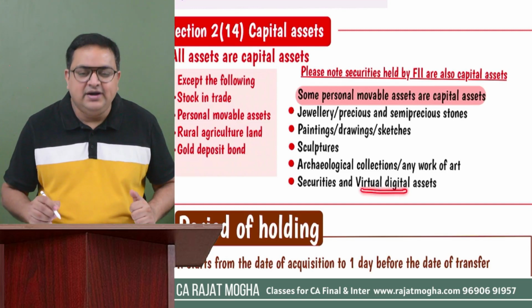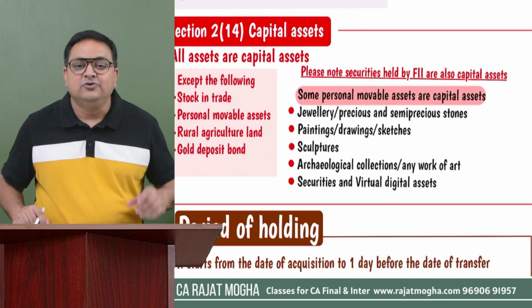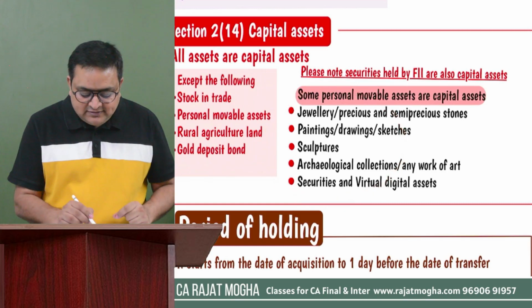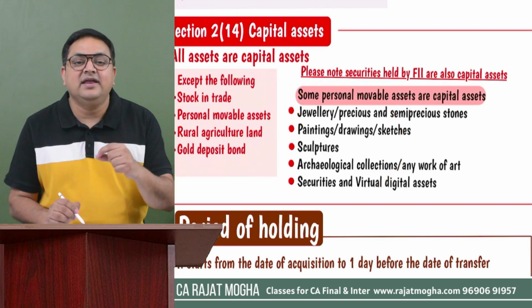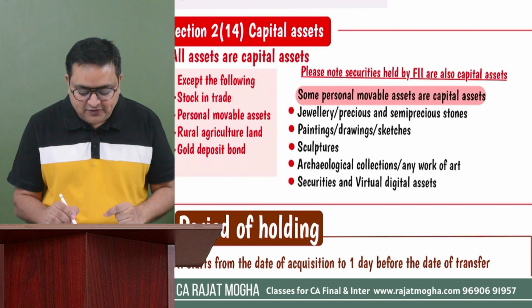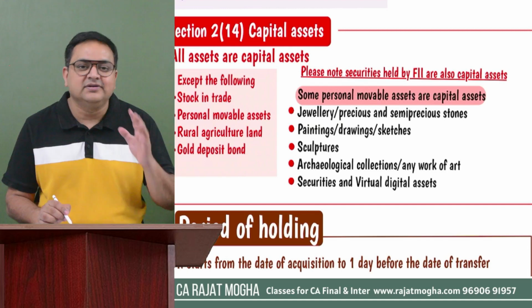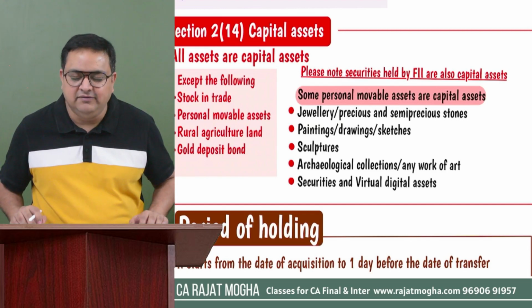And virtual digital assets like bitcoins will be considered capital assets. So if someone transfers these assets, then capital gain will arise. Some of these assets are personal movable, but they are an exception to that rule, right? So if you are selling precious or semi-precious stones, paintings, drawings, sculptures, it will be regarded as a capital asset, and on transfer, capital gain will arise.